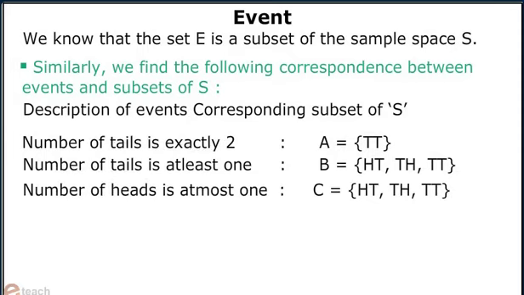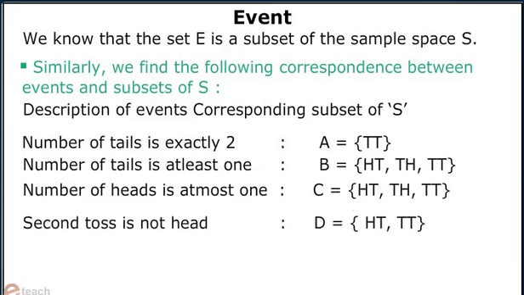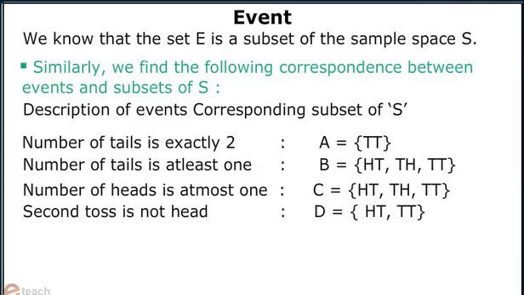And if the number of heads is at most 1, then C contains {HT, TH, TT}. If the second toss is not head, then HT, TT are the possible outcomes.